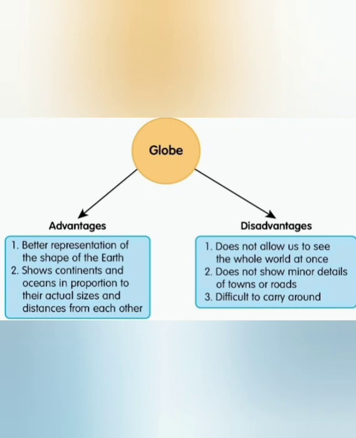Disadvantages: does not allow us to see the whole world at once, does not show minor details of towns or roads, difficult to carry around. These are advantages and disadvantages of a globe.